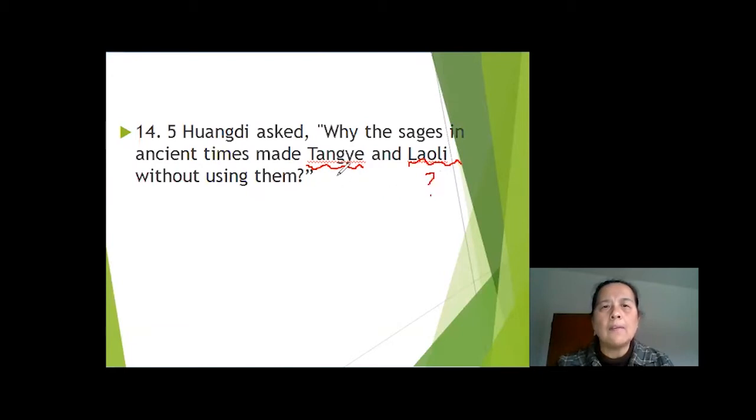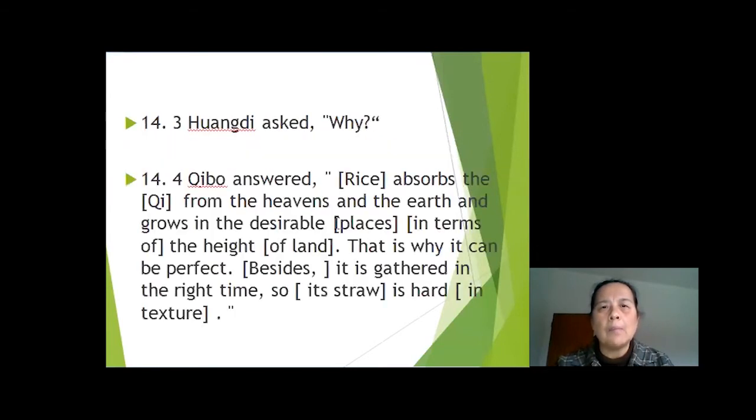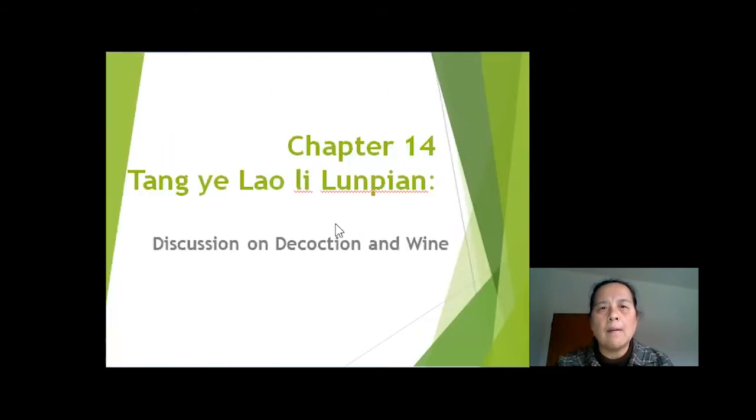Yeah, 汤液 we say is a kind of soup. 醪醴 basically uses rice to make wine. I think the name has wine there. This kind of wine is different from what we are talking about right now.